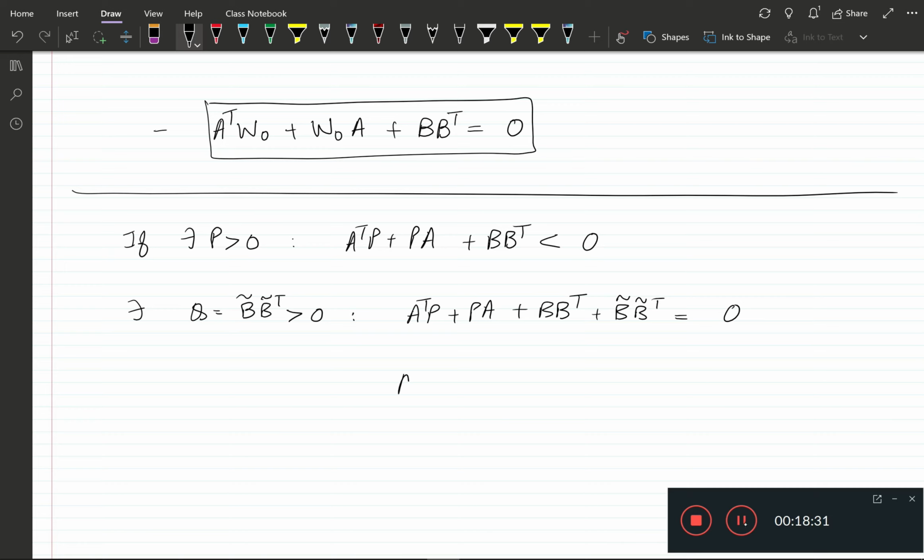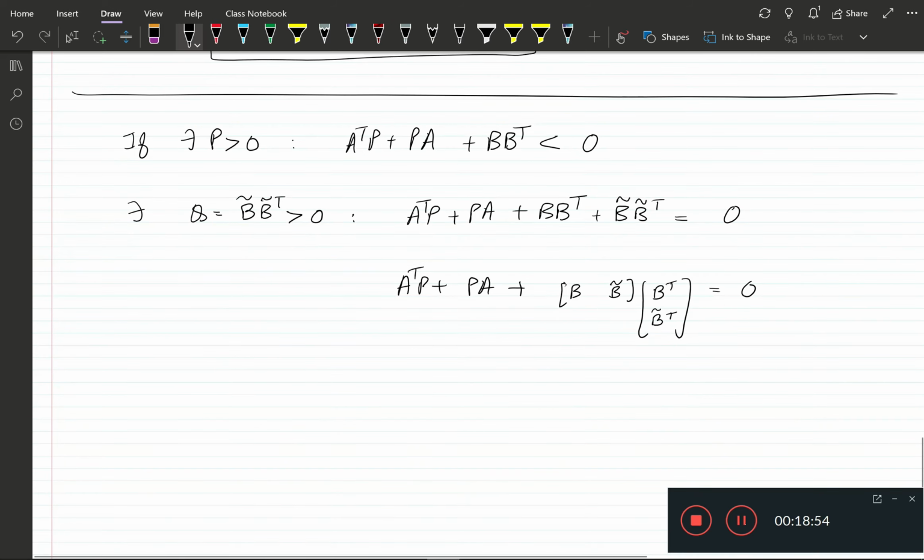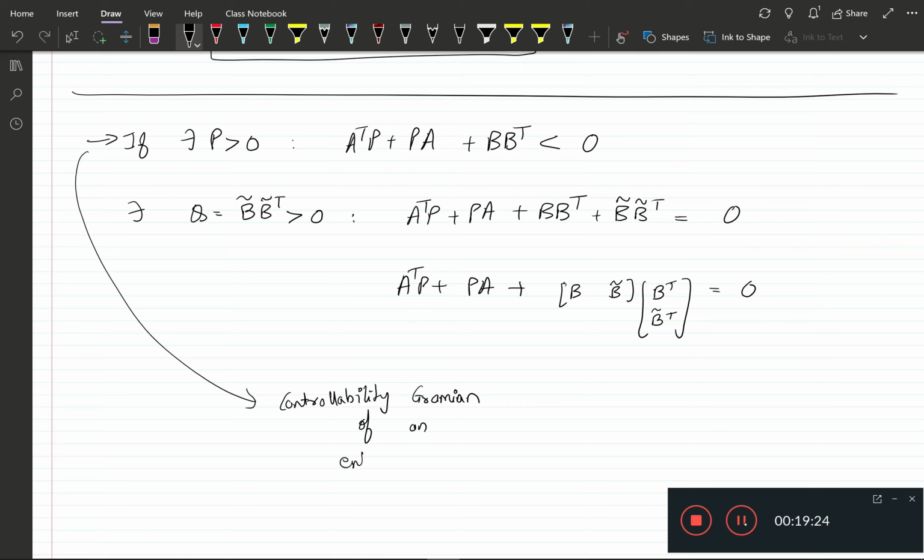Now this can be written as this, so the P that we found here is basically the controllability gramian of an extended system.